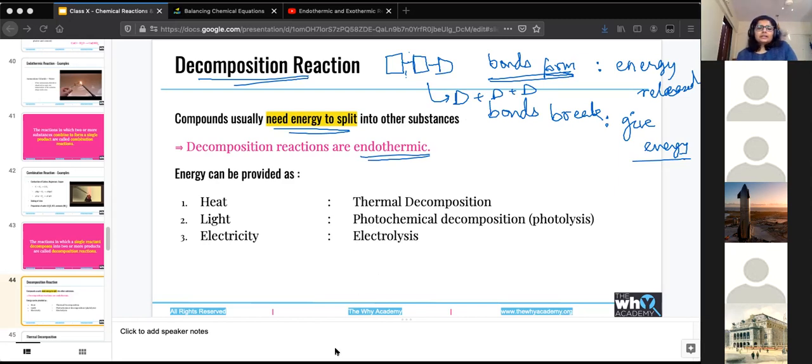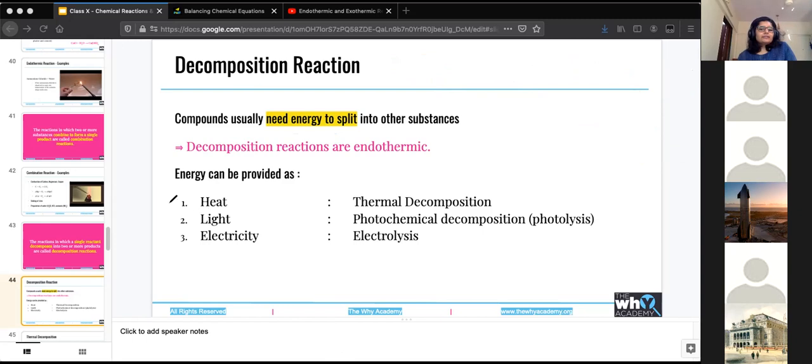Okay. So energy can be provided in the form of heat. Then it's called thermal decomposition. Again, we have the word thermal, because heat is what we are using for decomposing. Light is photochemical decomposition. As long as you have the word photo, it is light related. Light related chemical decomposition, that's what it means. Or photolysis.